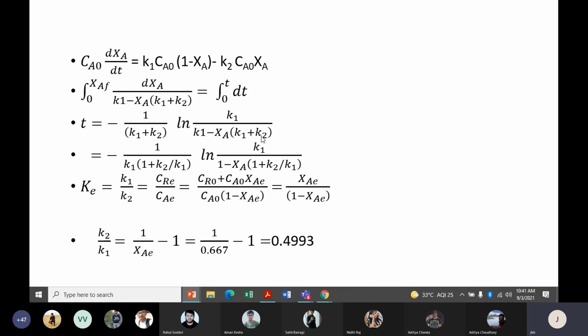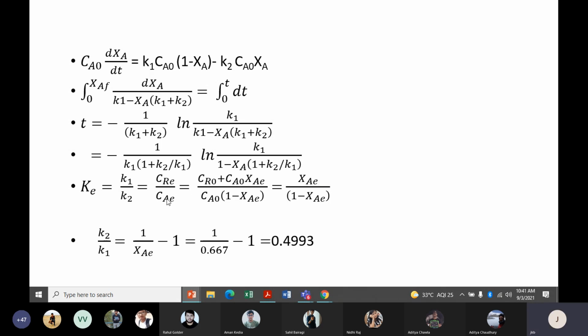k1 by (k1 minus XA (k1 plus k2)). And the equilibrium constant is the ratio of k1 by k2, and in the expression of the integrated form, try to substitute this equilibrium constant. The equilibrium constant can also be written in terms of equilibrium conversion.